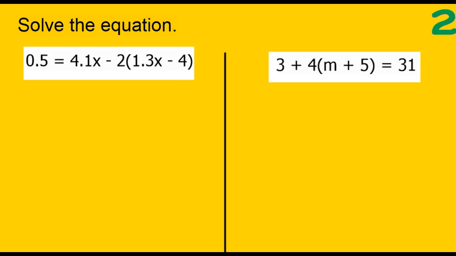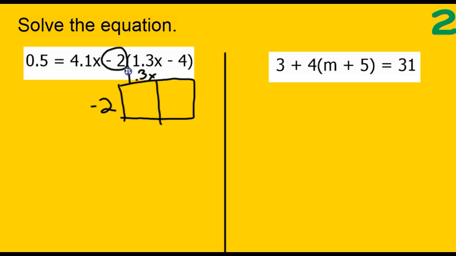This one, it looks like I have parentheses. So what we can do is distribute. Now be careful with this one because the thing outside of our parentheses is not just a 2, it's a negative 2. So that negative goes with it. So we have a negative 2 times 1.3x minus 4.